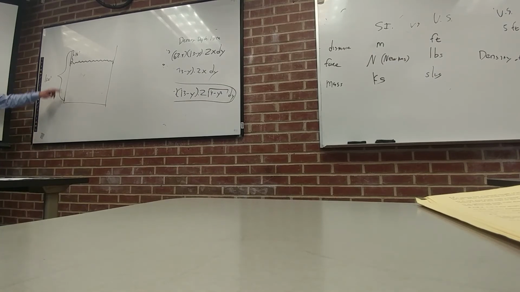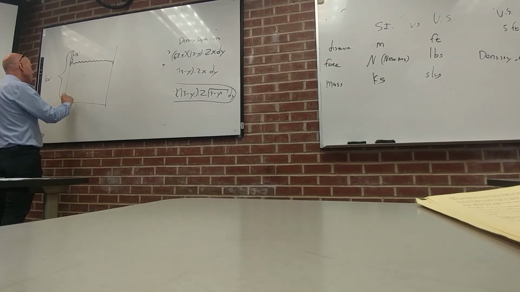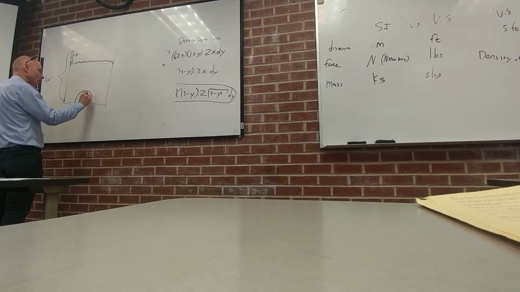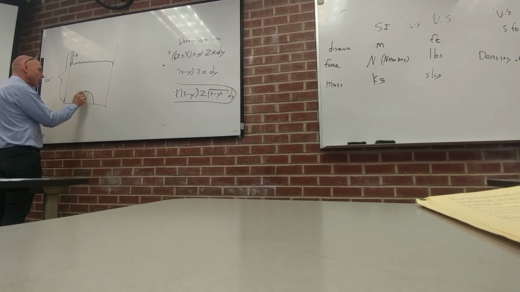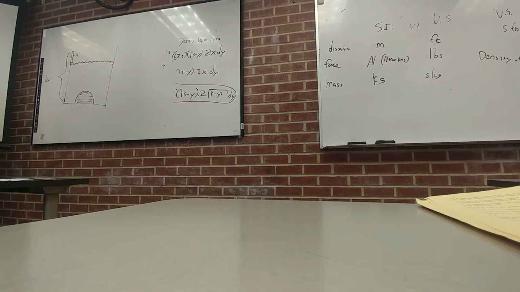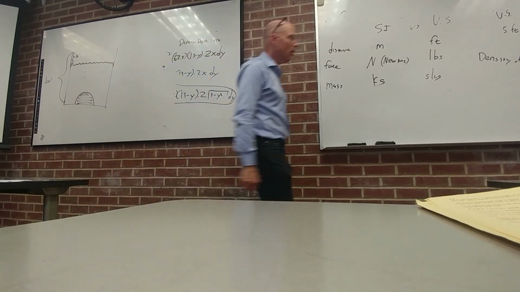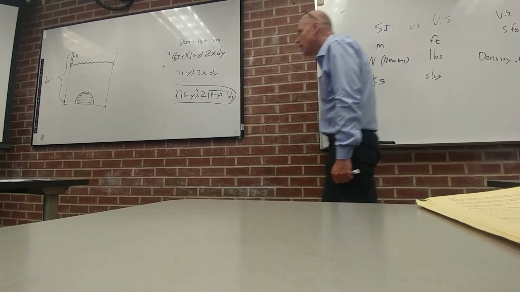The dam is 100 feet tall, and the water level is 15 feet below that. We've got a gate here with a semicircle that, if the water level gets too high, we're going to raise up to let the water through.